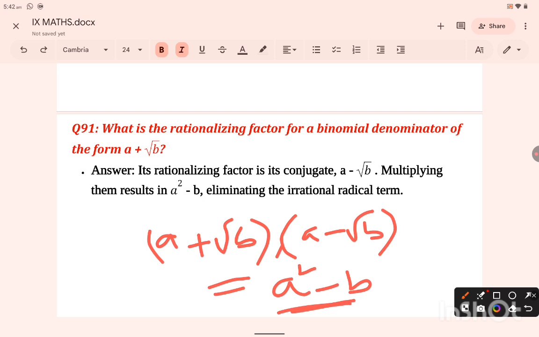Similarly, the rationalizing factor of a minus root b is a plus root b. The rationalizing factor of 2 plus root 3 is 2 minus root 3. The rationalizing factor of 3 minus root 5 is 3 plus root 5. Plus becomes minus, minus becomes plus.